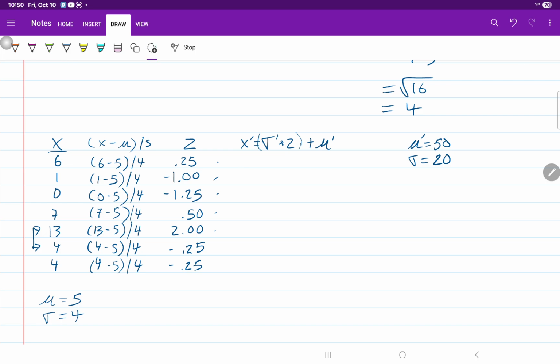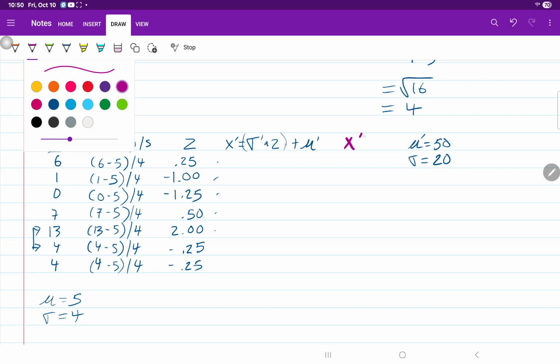Let me just slide this over a bit. And I think just in the interest of space, I'm going to use a different color now. I'll call this mu prime, and let me not use something that's quite that thick.